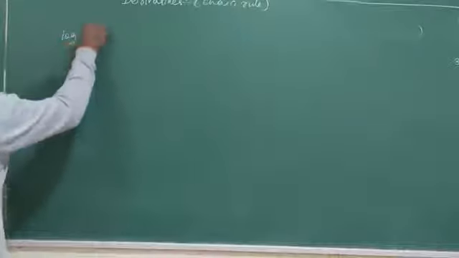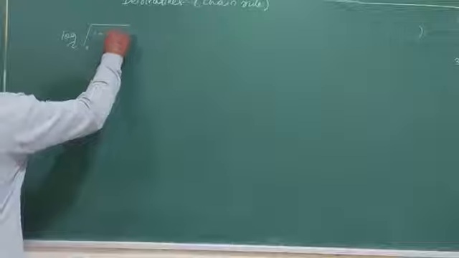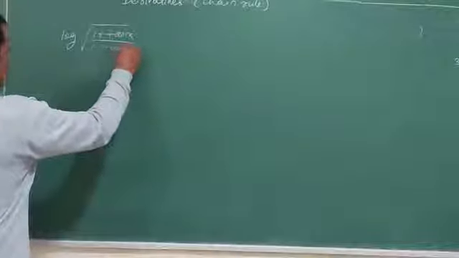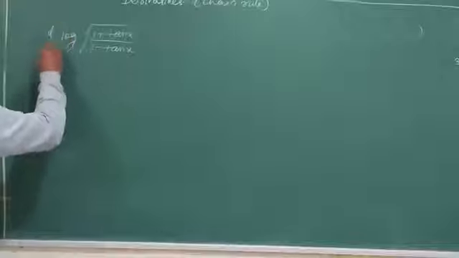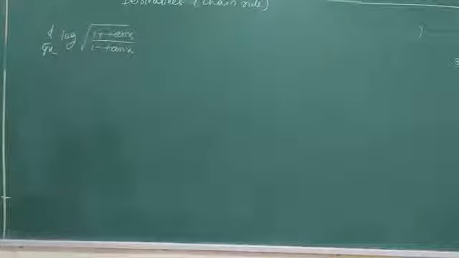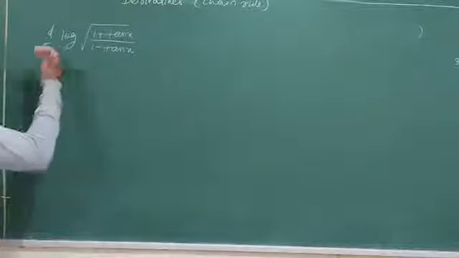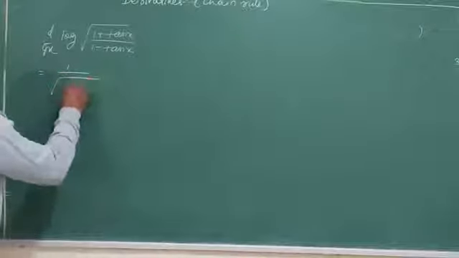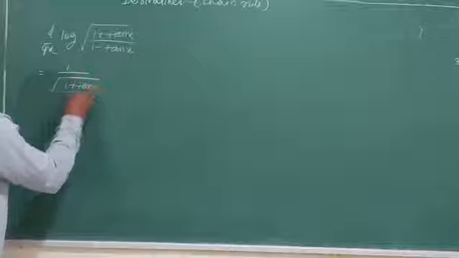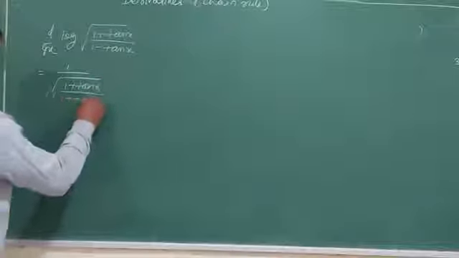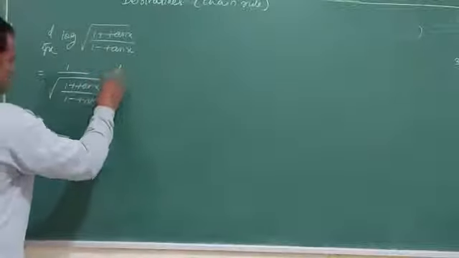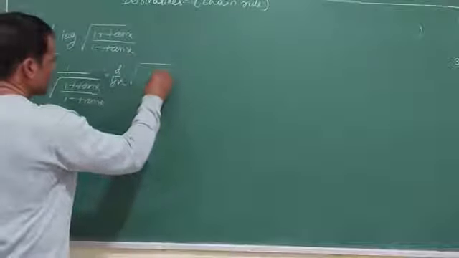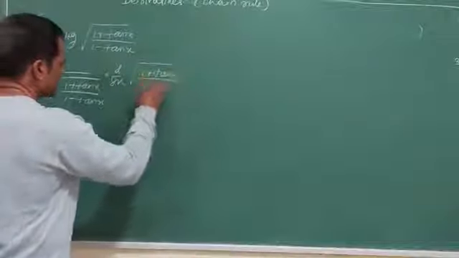Log under root (1 plus tan x) by (1 minus tan x), d by dx. Alright, log x derivative 1 by x into dy dx of (1 plus tan x) by (1 minus tan x).